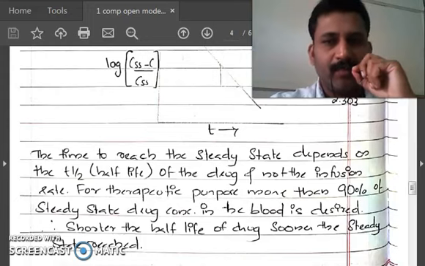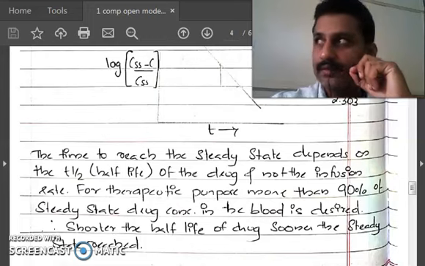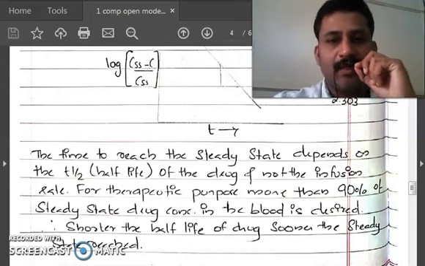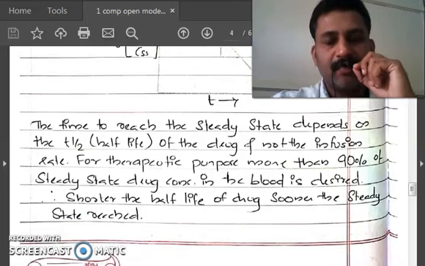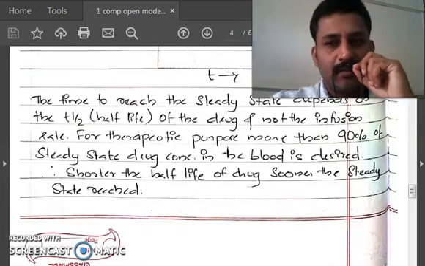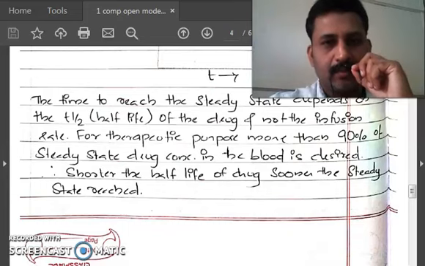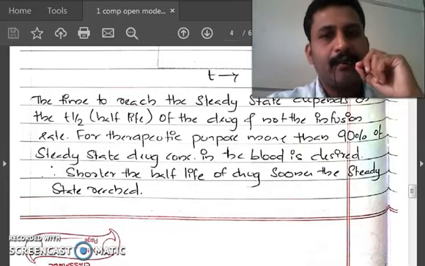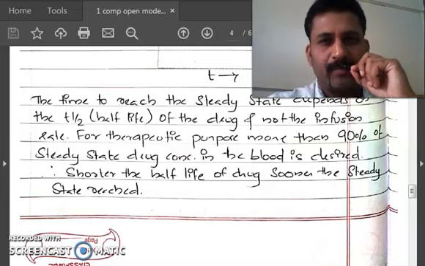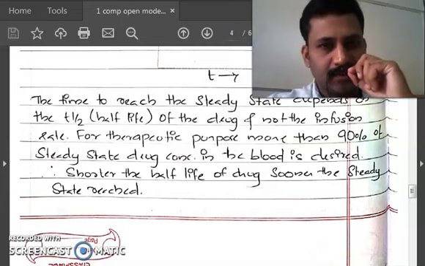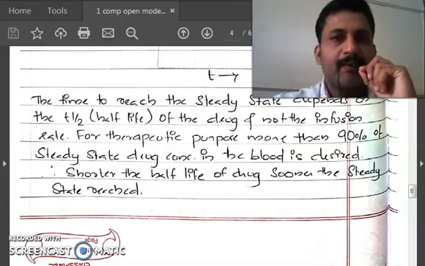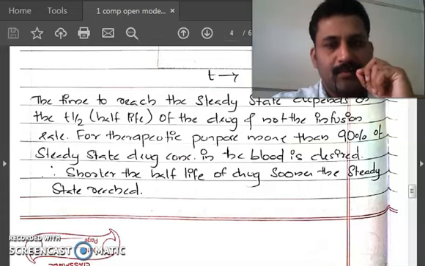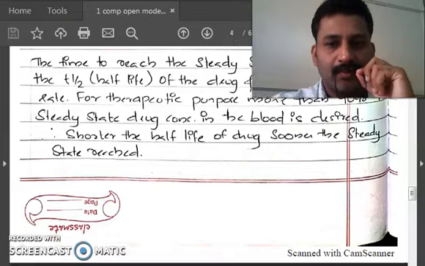The time to reach steady state always depends on the half-life of the drug. If the drug has a short half-life, it will take a shorter time to reach the steady state concentration, and if the drug has a longer half-life, it will take a long time to reach the steady state concentration.